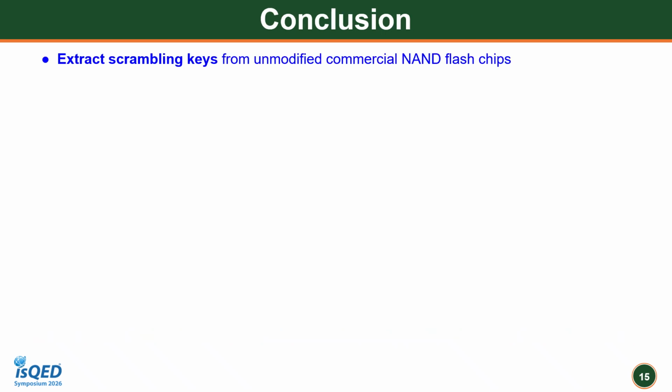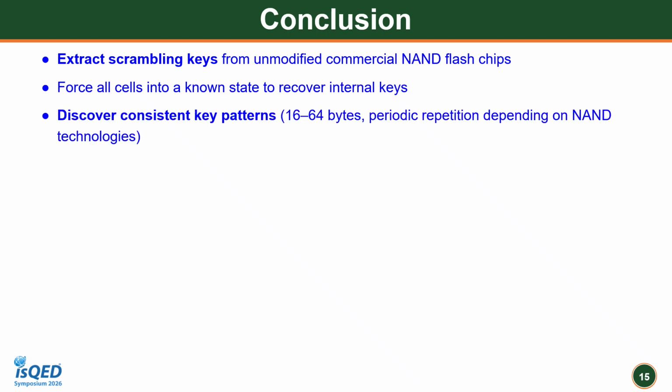In conclusion, in this work we extract the scrambling key from unmodified commercial off-the-shelf NAND flash memory chips. By forcing all the cells into unknown states, we can recover the internal keys. We found a consistent key pattern, 16 to 64 bytes periodically repeated depending on NAND technology.